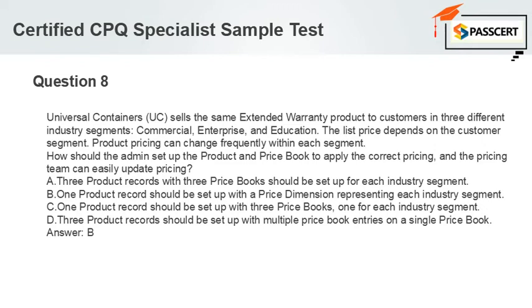A. 3 product records with 3 price books should be set up for each industry segment. B. 1 product record should be set up with a price dimension representing each industry segment. C. 1 product record should be set up with 3 price books, 1 for each industry segment. D. 3 product records should be set up with multiple price book entries on a single price book. Answer: B.